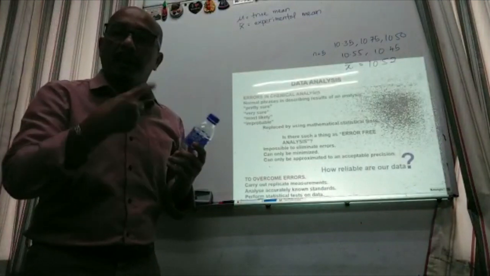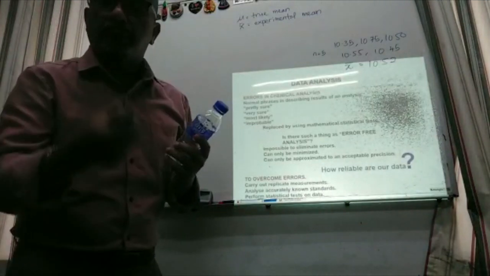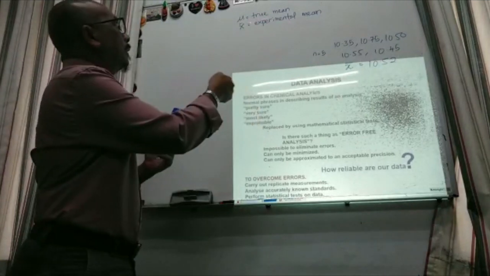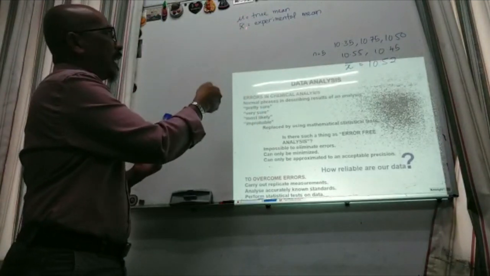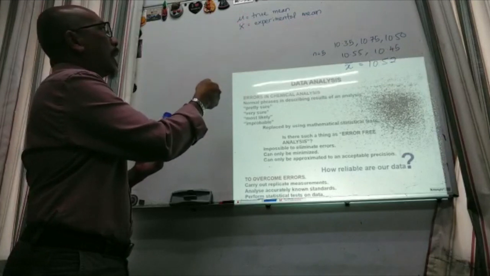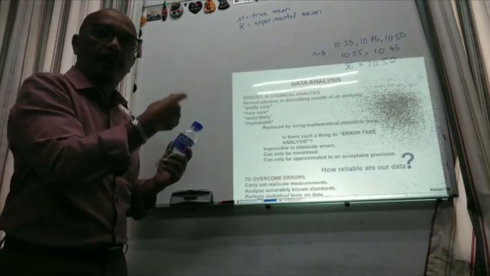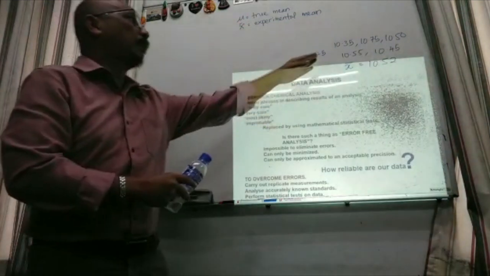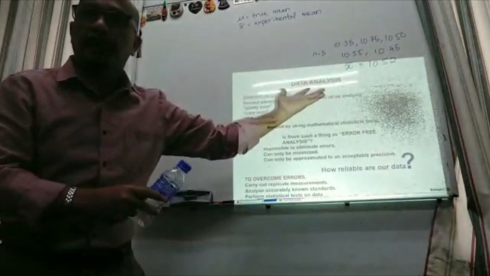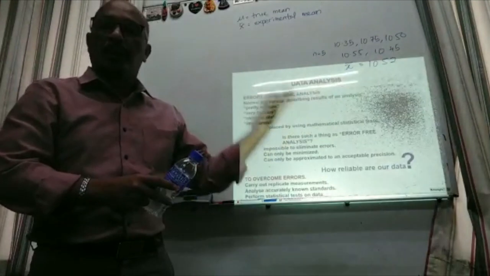What is the exact value? The exact value we call the true mean. The symbol is mu. For the experimental mean it is x bar, which is from our experiment. We can do 5 replicates, 3 maybe, 7 or 10 and so on.